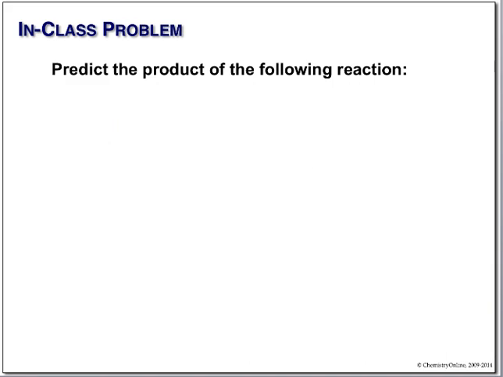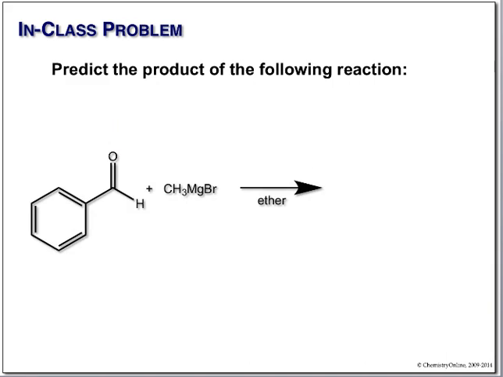Let's do it again. Here we have benzaldehyde with methyl magnesium bromide. Once again, our methyl group is going to be our nucleophile. It's going to add to the carbonyl carbon.